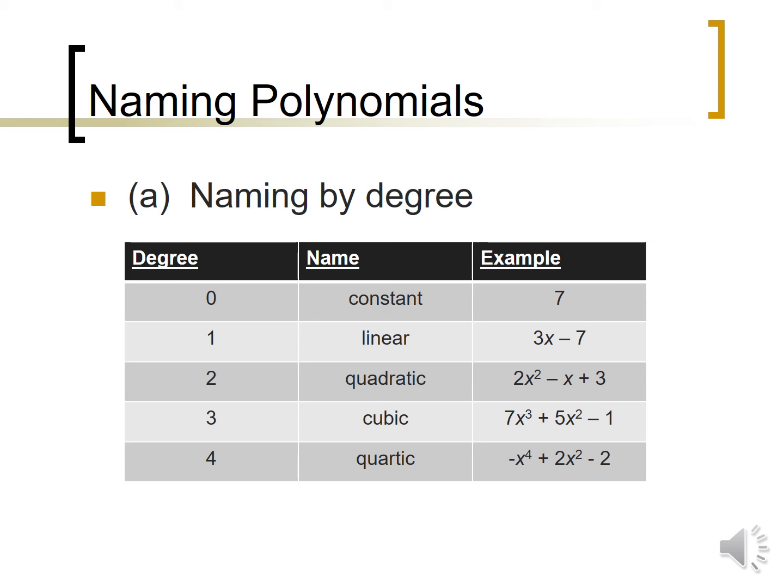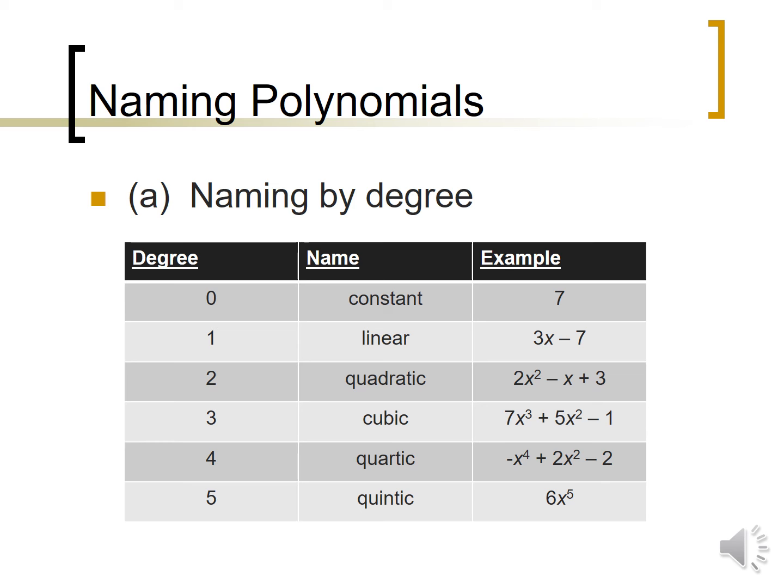Well, for 5, if someone has 5 kids, 2 kids are twins, 3 kids are triplets, 5 kids are quintuplets, and a 5th degree polynomial we're going to call quintic. Degree 5 we call quintic. 6x to the 5th, it's a quintic polynomial.